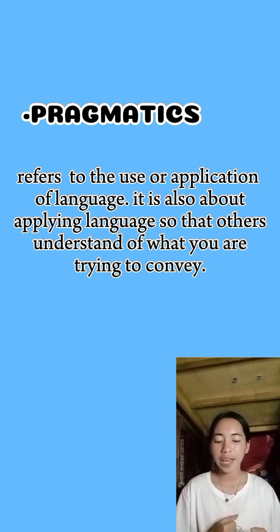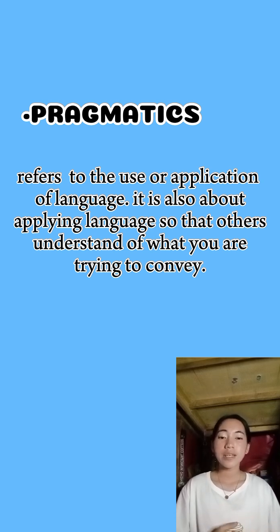So, napo ni siya key points about the pragmatics. First is the context is key, second speaker's intention, and lastly social factors. So when we say context is key, it is the meaning of language that can change depending on the context of what or which it is used.